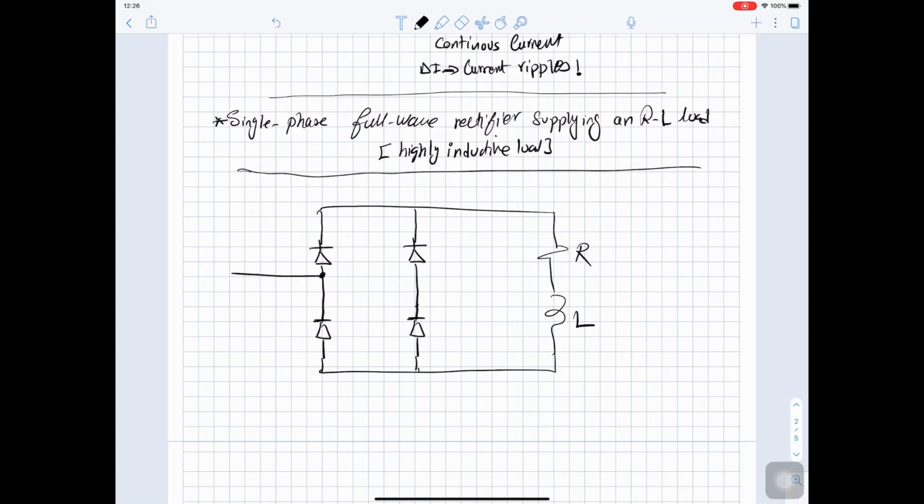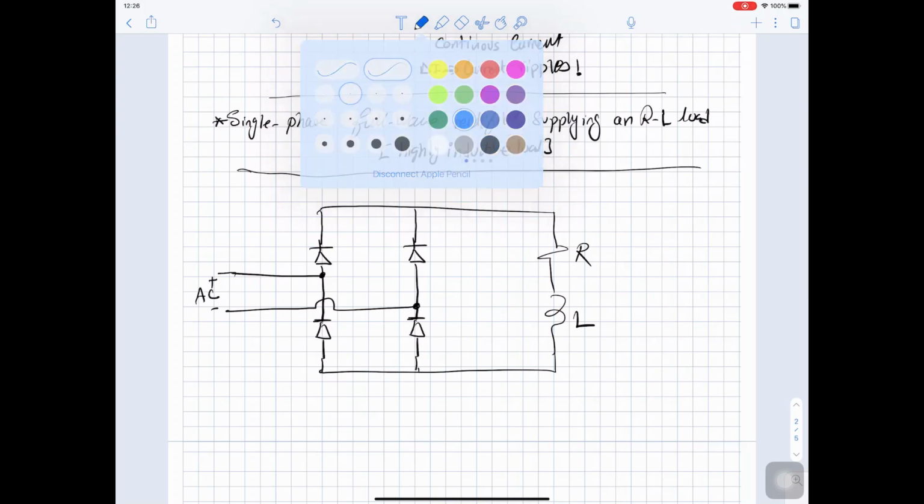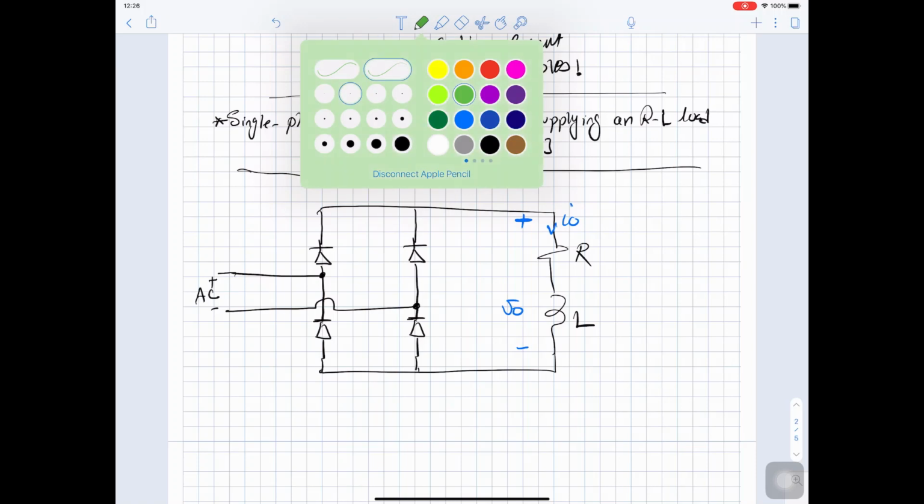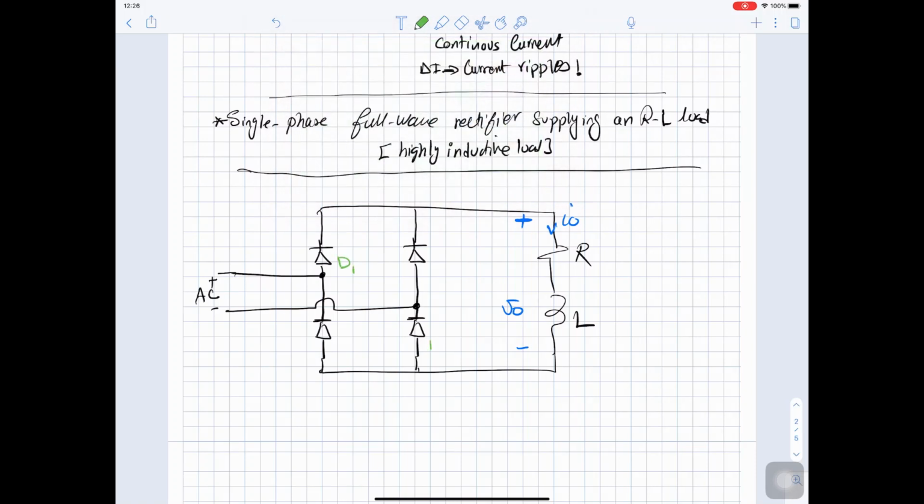Here is the AC source. Here is positive, negative for the AC source. And here we have positive, negative for V out, I out. Don't forget the naming for the diodes. So we name these diodes as diode 1, diode 2, diode 3, diode 4.